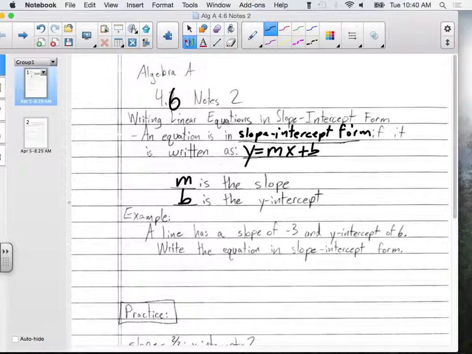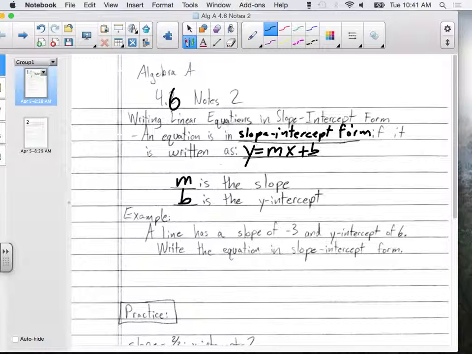So let's just quickly, this is our slope-intercept form, mx plus b. So if we want to find our y-intercept, what does our x value have to be? 0, right? So let's substitute that in for x right there.